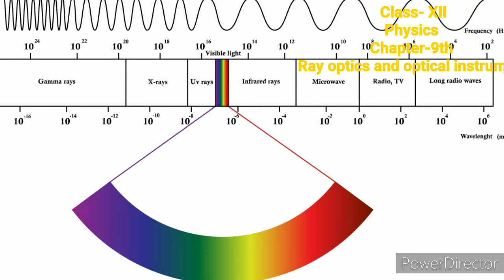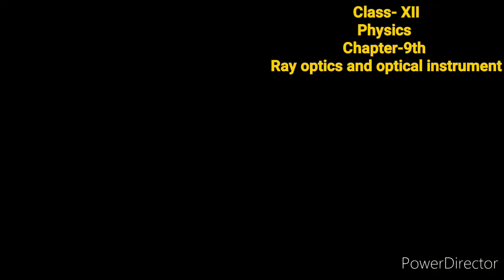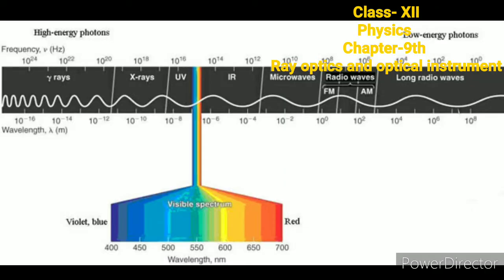Light is that part of the electromagnetic spectrum whose wavelength is between 4000 angstrom and 8000 angstrom. Due to light, we are able to see everything.